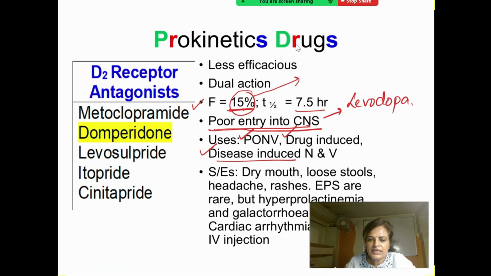What are the important side effects with this group of drugs? Dry mouth, loose stool, headache, rashes. Extrapyramidal side effects are rare because it cannot cross the blood-brain barrier or the placenta. Its entry into the brain is very poor. But hyperprolactinemia and galactorrhea can occur on IV injection.